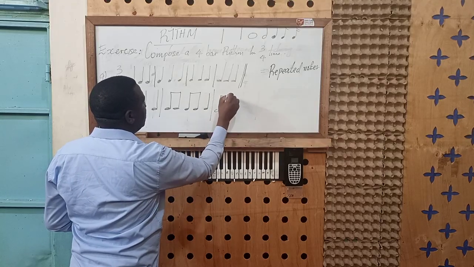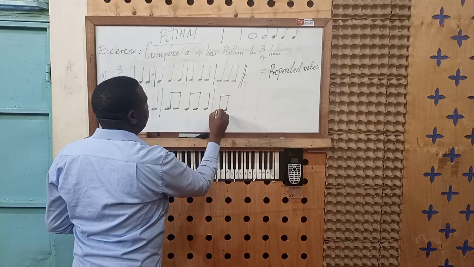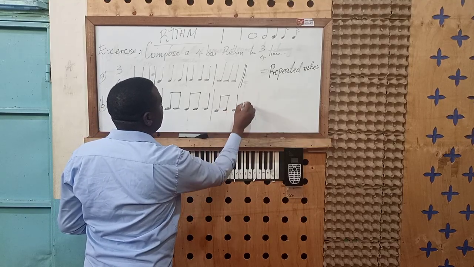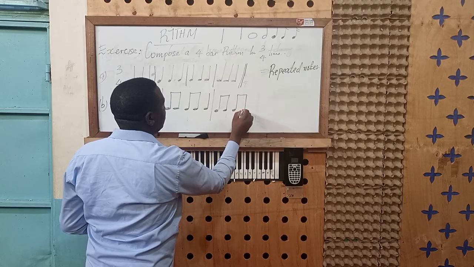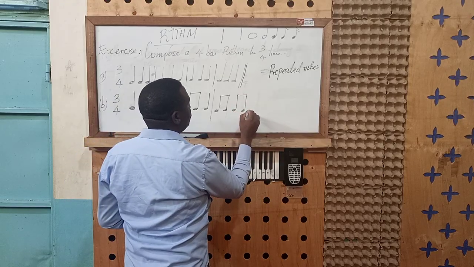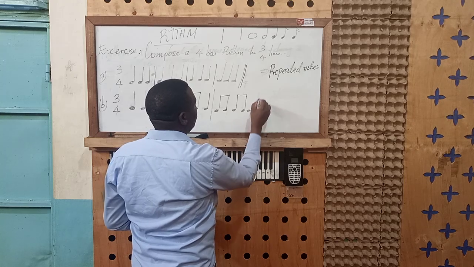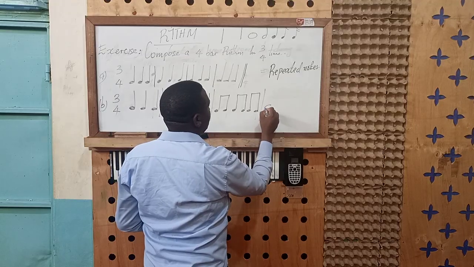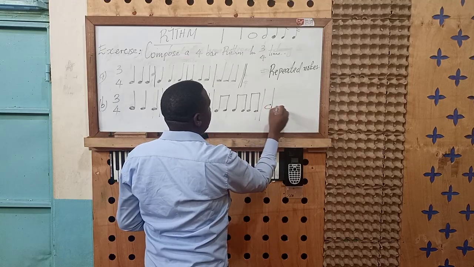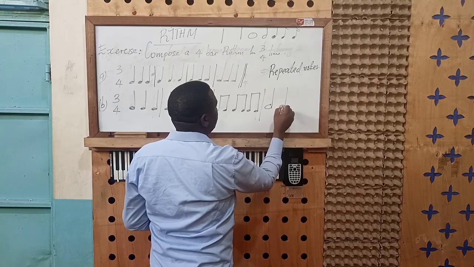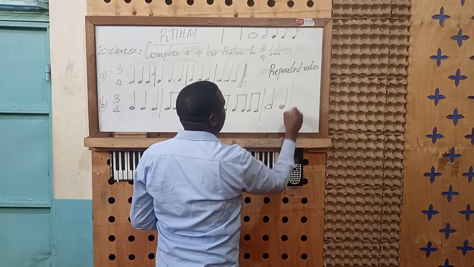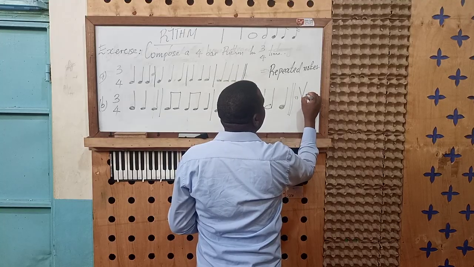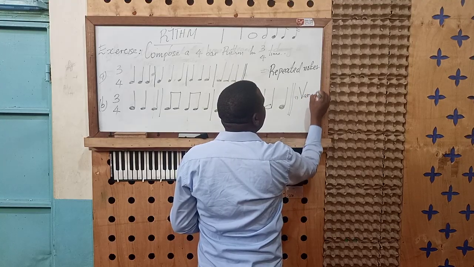The next one, I do 2 quavers, 2 quavers, and I also do 2 quavers. The last one, I do a minim and a crochet. This one, in the second case, I have used varied notes.